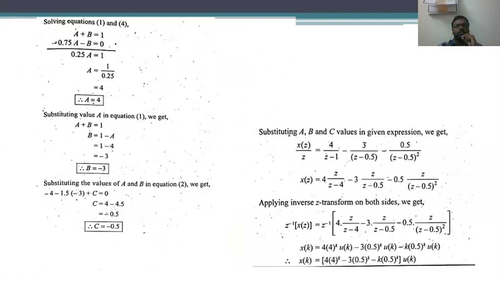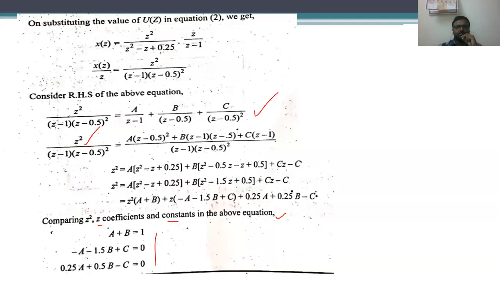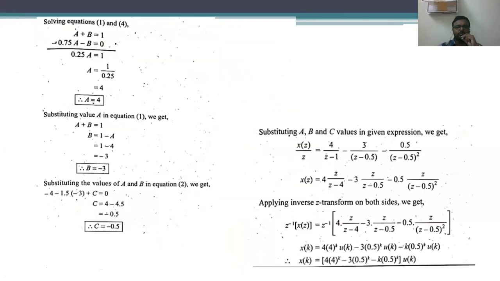After that we have applied the solving procedure. We have equated two particular equations. We have obtained the value of A is equal to 4. And in the similar fashion, we have obtained the value of B as minus 3.